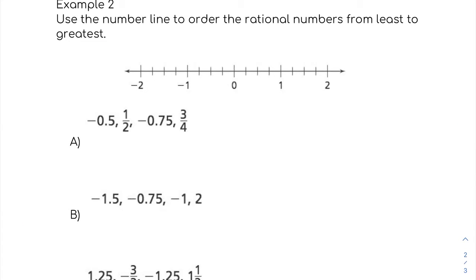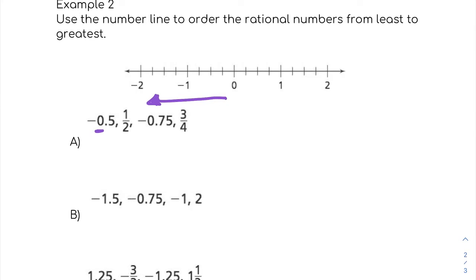So our last problem today, we are going to have 3 sets of rational numbers, and we want to use this number line to order them from least to greatest. So let's start with A. First, we have negative 0.5. We know that this is going to be to the left on the number line because it is a negative number. And we know it's going to be in between 0 and negative 1 because there's no whole number here.